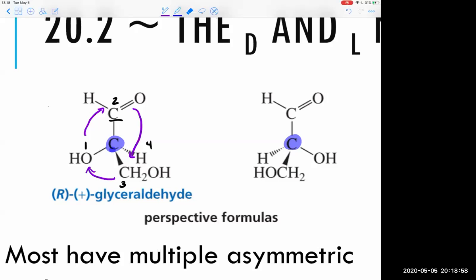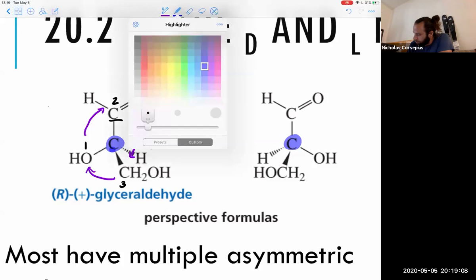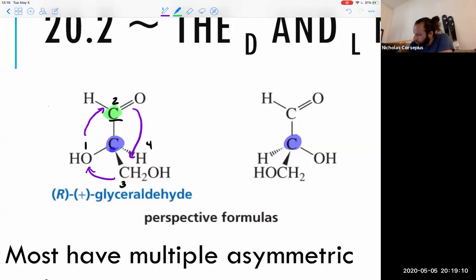Why again is the aldehyde group more prioritized? Yeah, so this guy here, because it's double bonded to this oxygen, you think of it as being bound to 2 oxygens and a hydrogen.